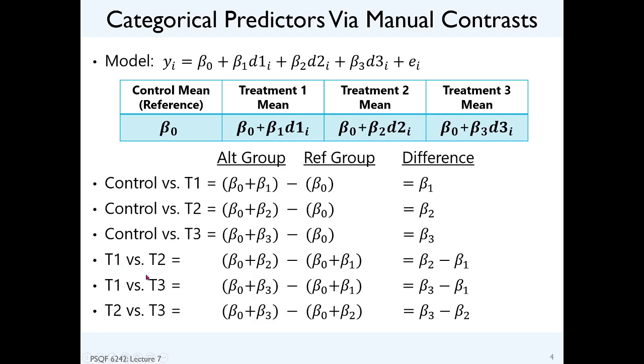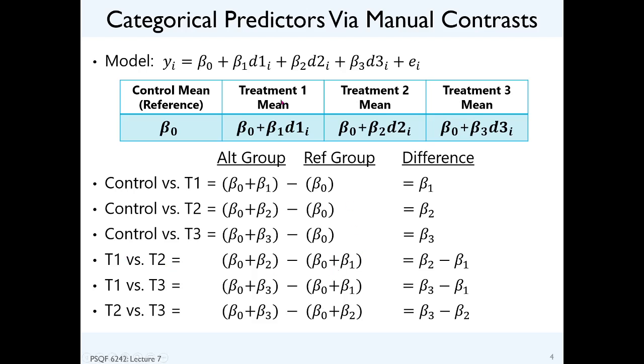The same pattern happens in comparing each of the other treatment groups to each other. It's always the effect of the alternative group minus the effect of the new reference group. So a linear combination of one slope minus the other will always give you the model implied differences among the non-reference groups.